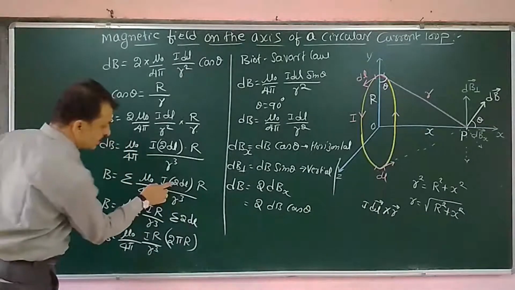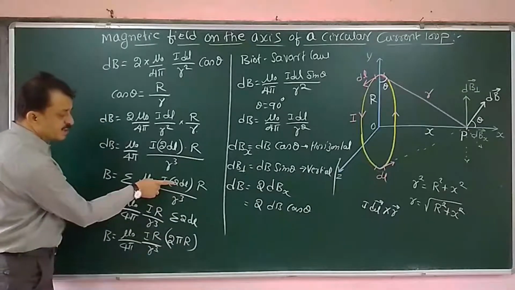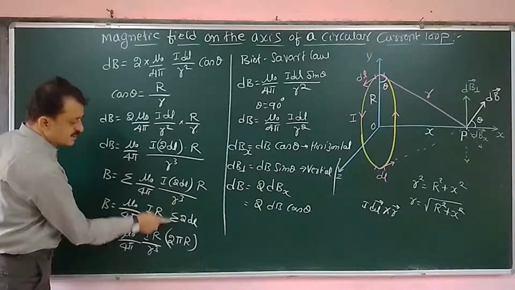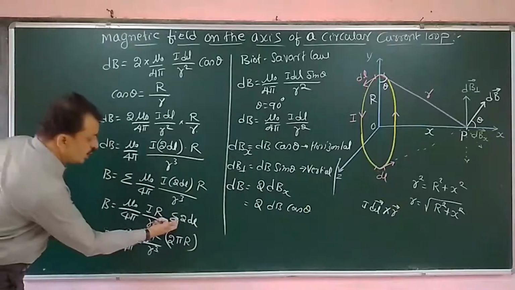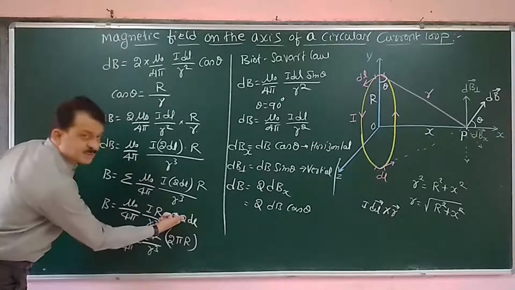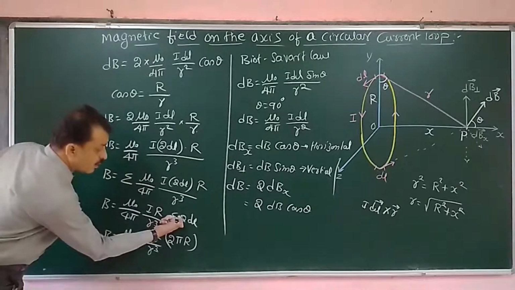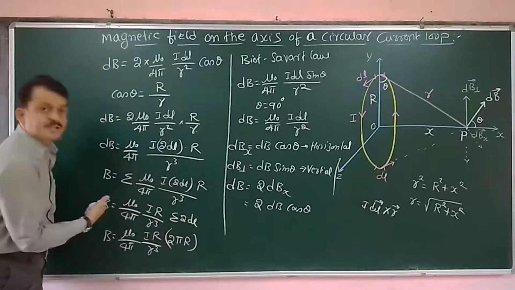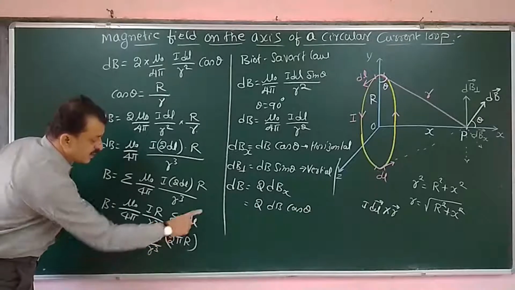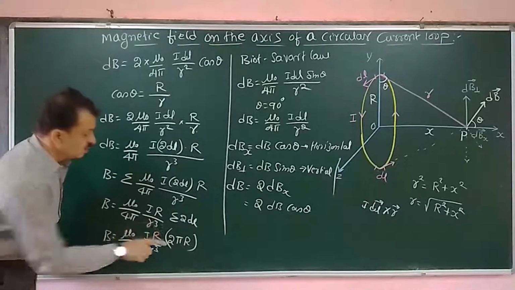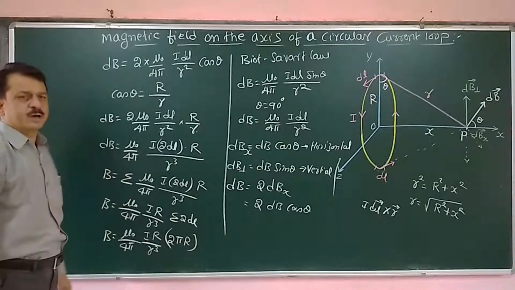Now this step is important. Some students make mistakes while doing this summation. If you take 2 inside the summation, then it is 2 pi R. If you take 2 outside the summation, then sigma dl becomes only pi R. Now this step is very, very important.